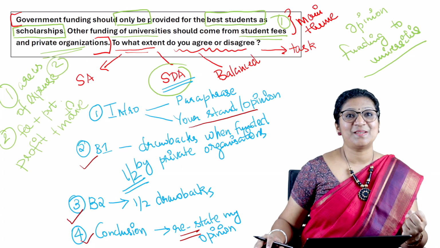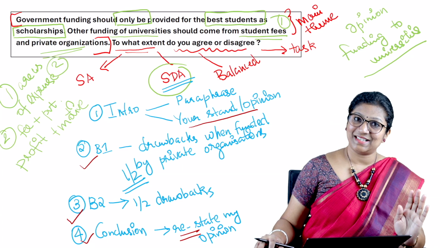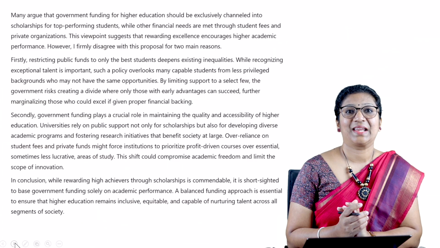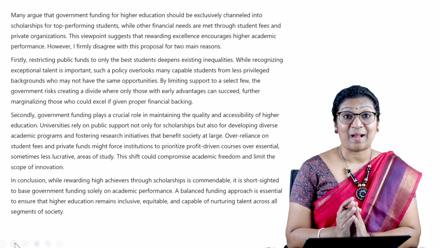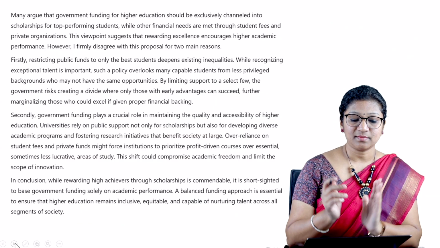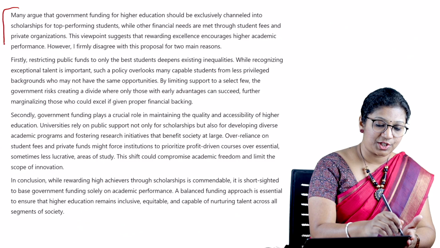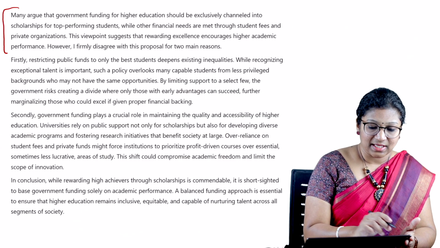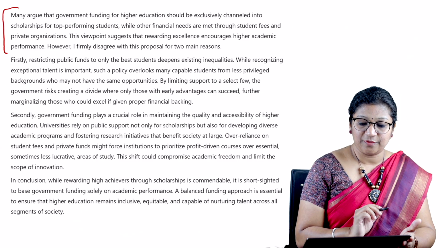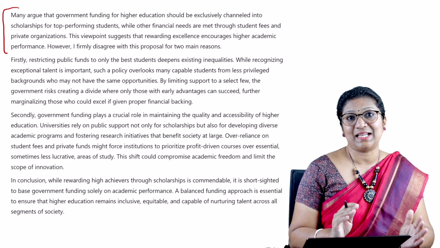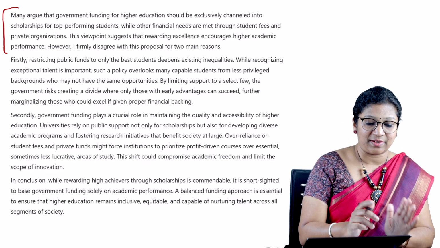Now, keeping these concepts in mind, let's look at a sample essay. Here on screen, we have a sample essay for this question. This is the introduction, and you can see that the first few sentences is basically a paraphrasing of the question that is given.